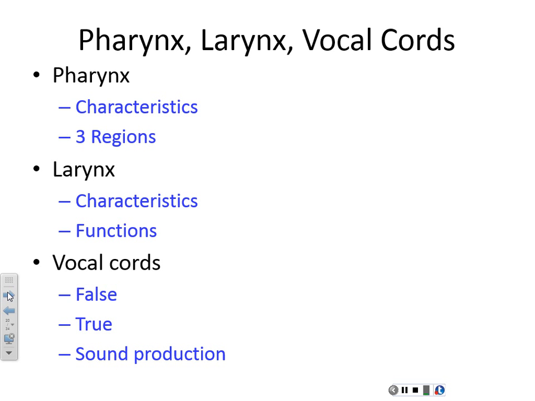Okay, and then the larynx, of course, that's where the vocal cords are located. Okay, you got the vocal folds or false vocal cords, and then you got the true vocal cords.